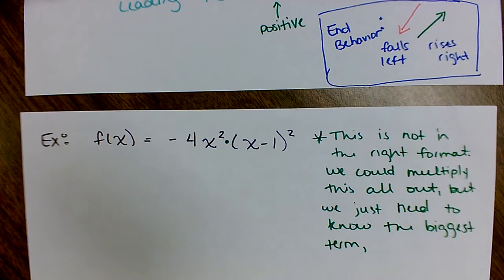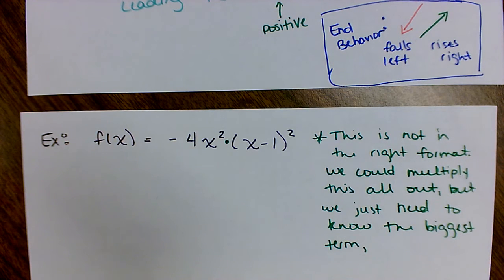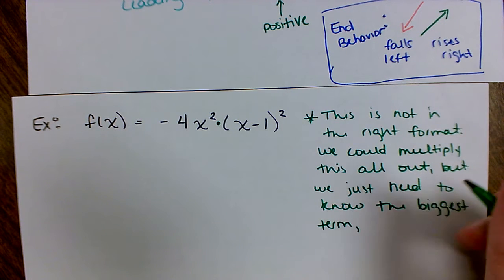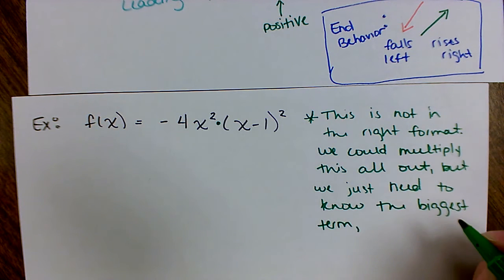The biggest term is going to be formed when each of the biggest pieces from each thing being multiplied is multiplied together. Does that kind of make sense? Okay, let me write this out a little bit.